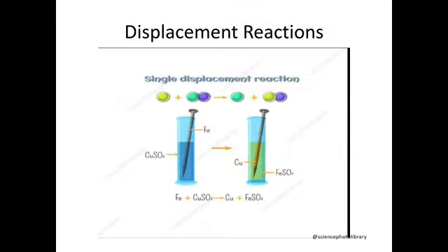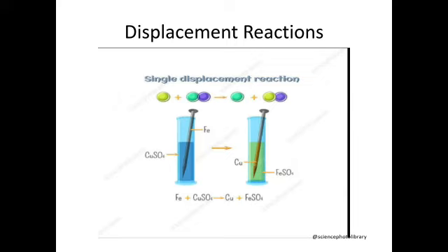Here is a simple illustration of what a displacement reaction is. Here we can see two test tubes. The first test tube has a blue solution. That blue solution is copper sulfate solution. Then we put an iron nail, that is Fe, into the test tube.